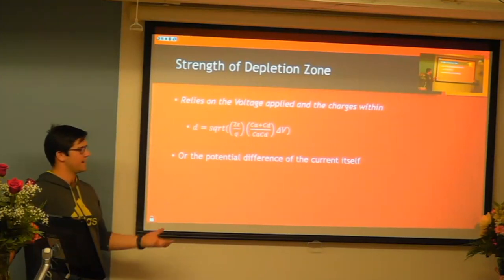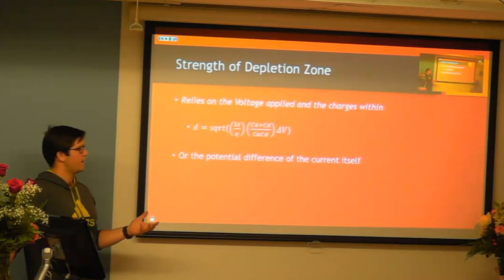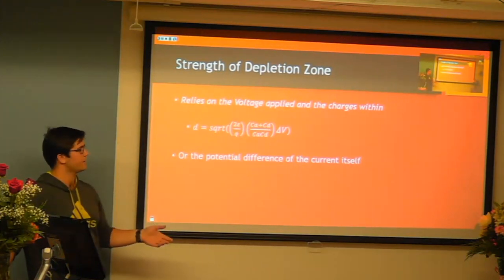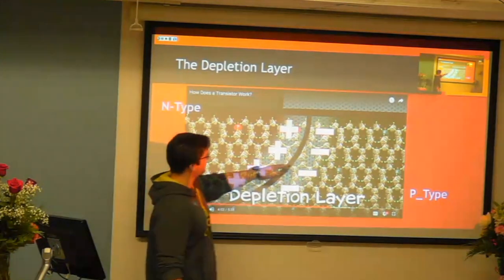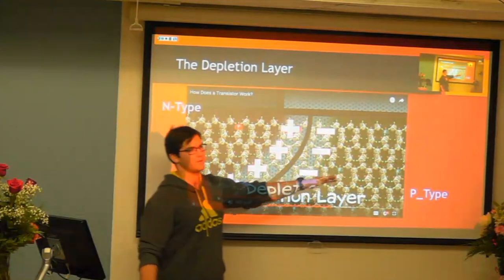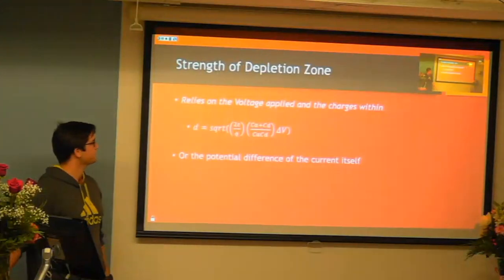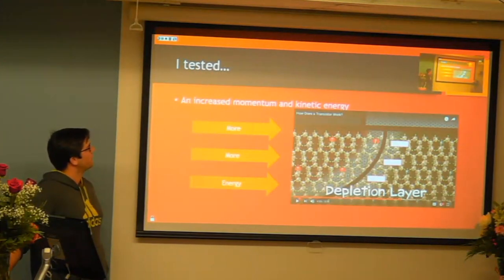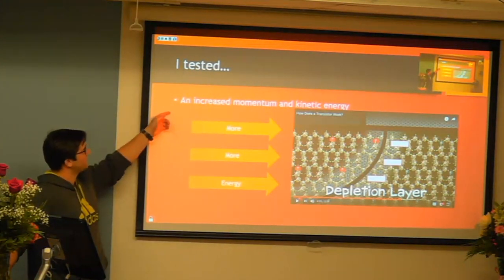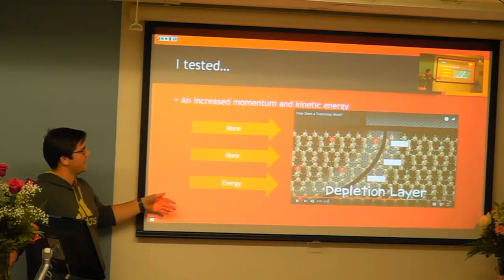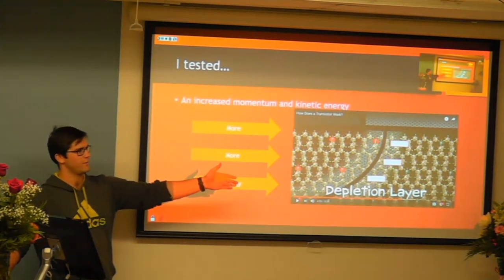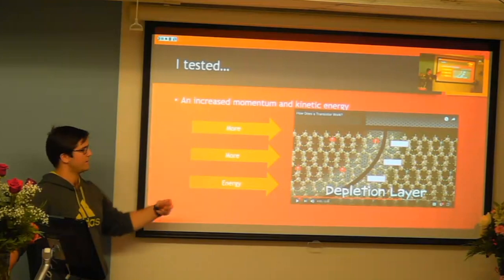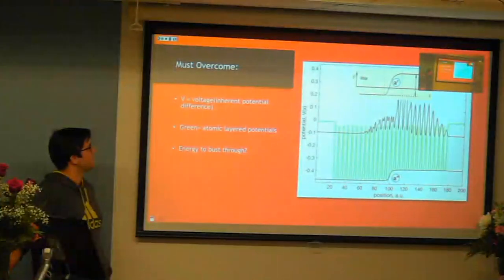It's like the kinetic energy of how much current you're pushing through it to push your electrons past this negative barrier through the transistor. The one that I tested was increasing the kinetic energy, the momentum of your electrons going through your barrier, as opposed to the voltage decreasing the depletion zone.